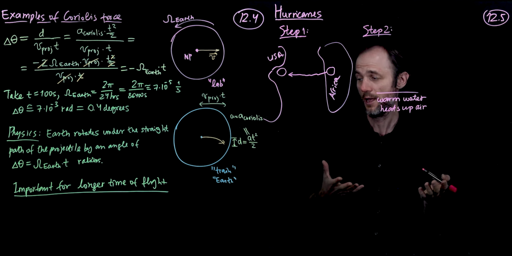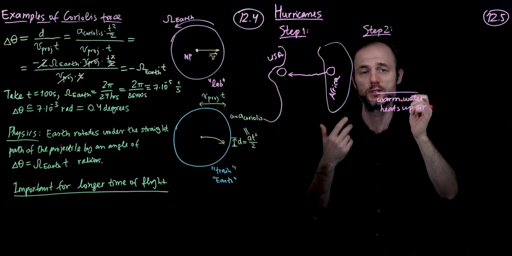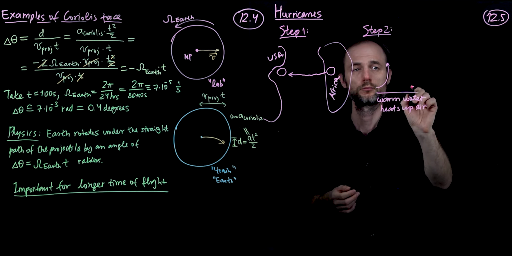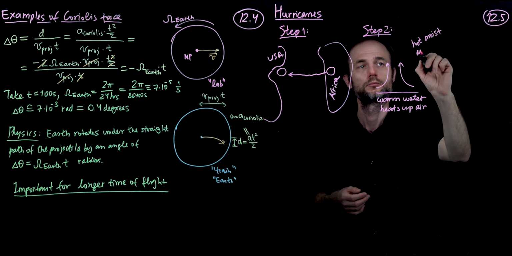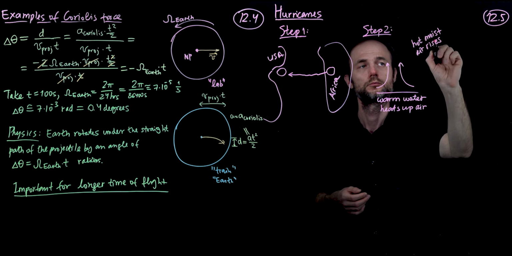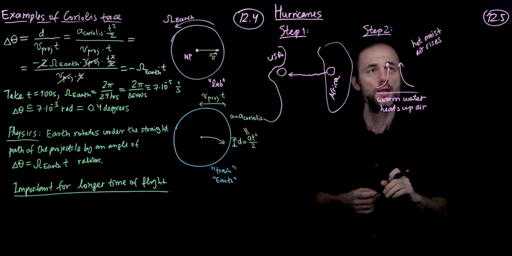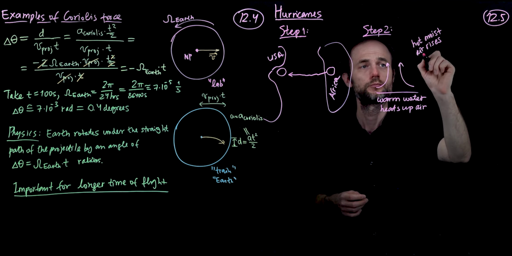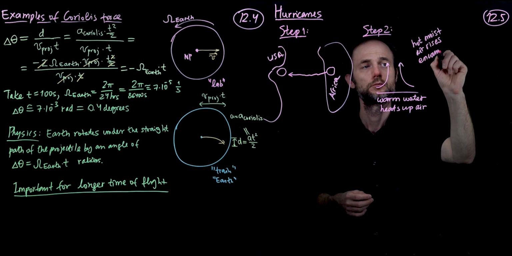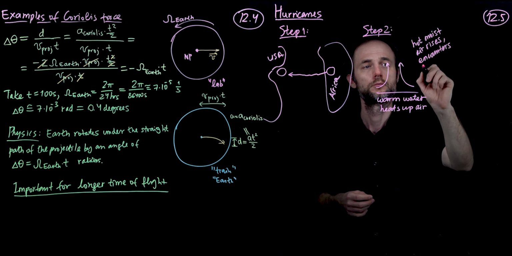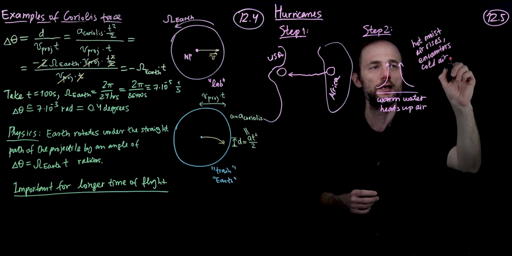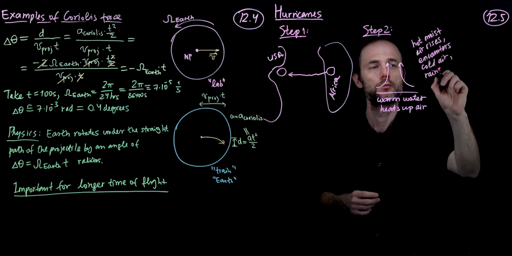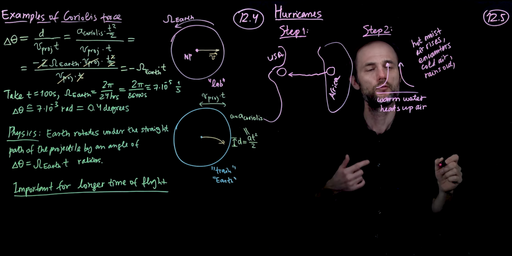Hot air and moist air, hot moist air rises, encounters cold air, rains out, and releases latent heat.